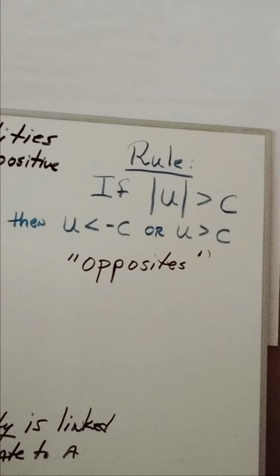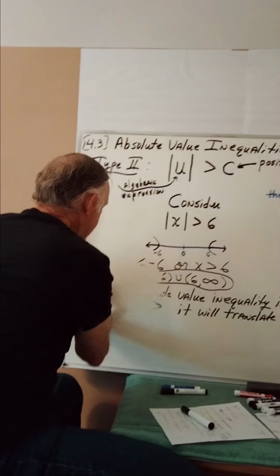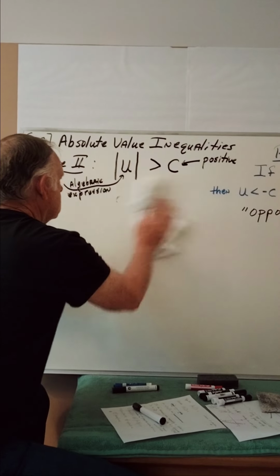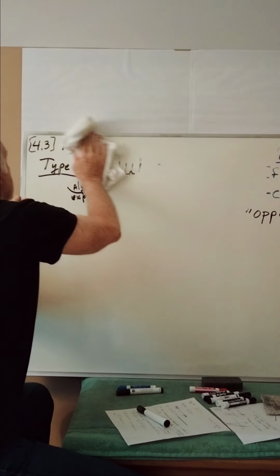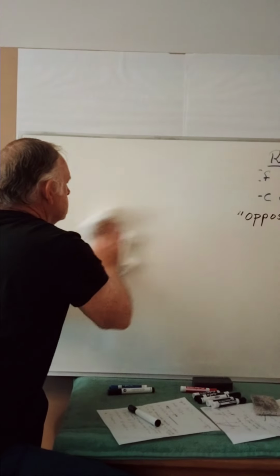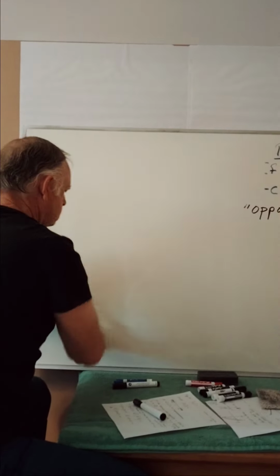Now we'll show it when we actually get into this and do some examples, and I believe you'll see how nice it will be when we deal with it. So let's go to number 1.